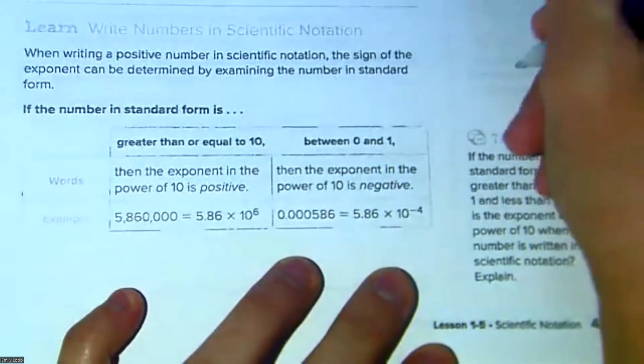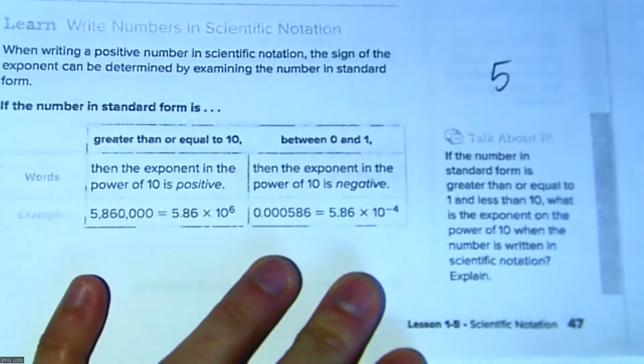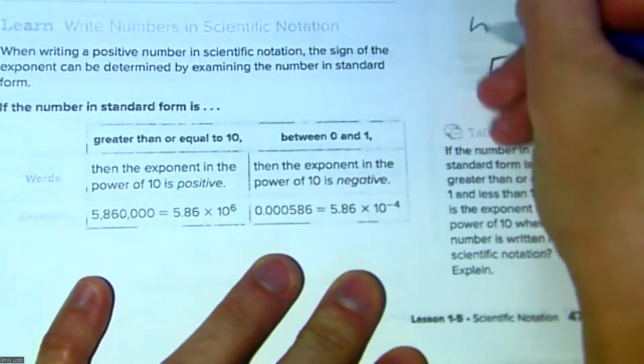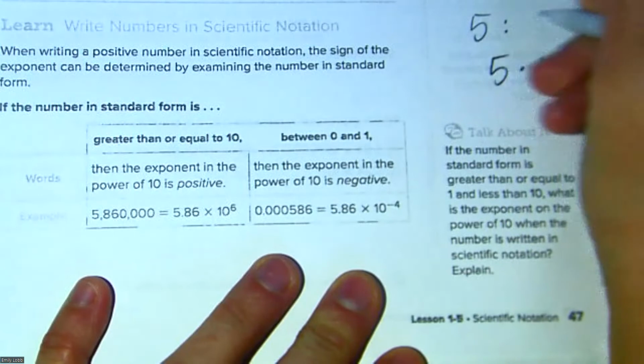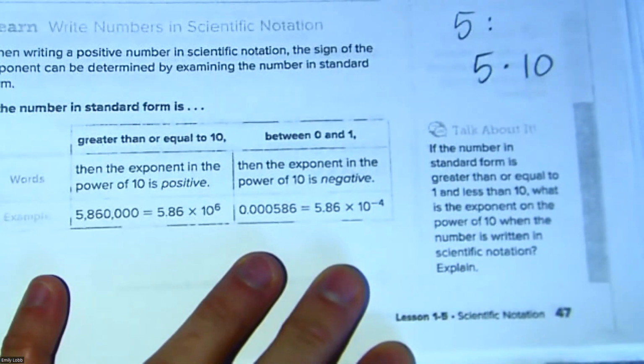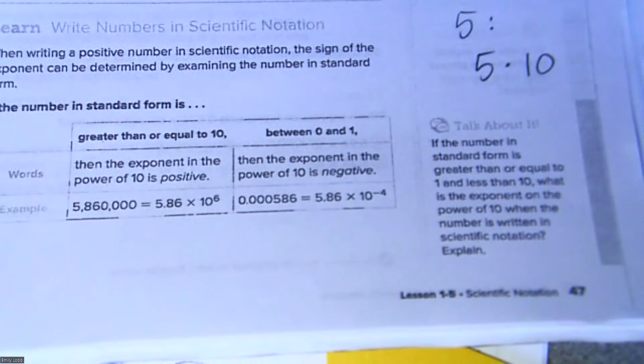So if I had the number 5 and I wanted to write it in scientific notation, we would say 5 times 10 to what power? 5 times what equals 5? 1. So how do I get 10 to the power of something to equal 1? What exponent would I raise it to?